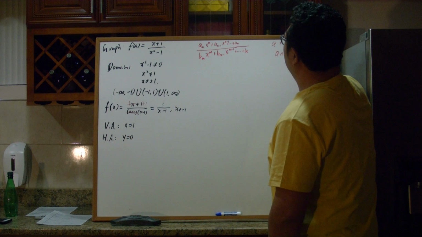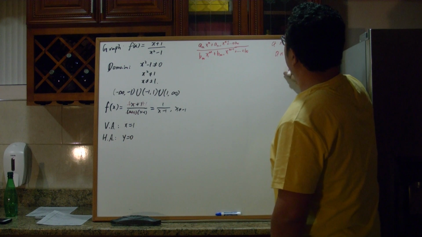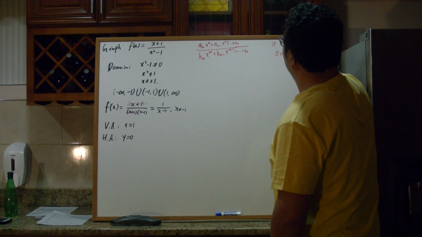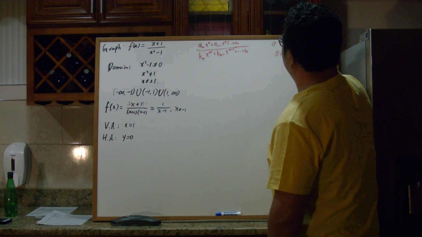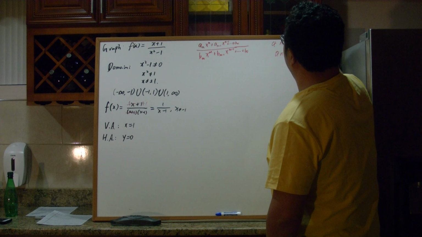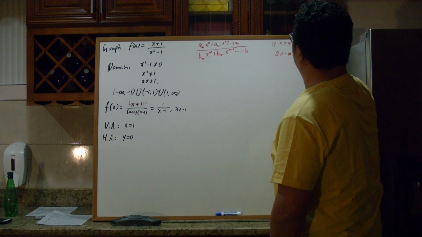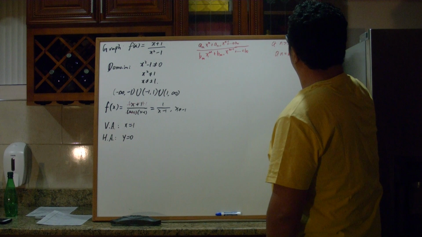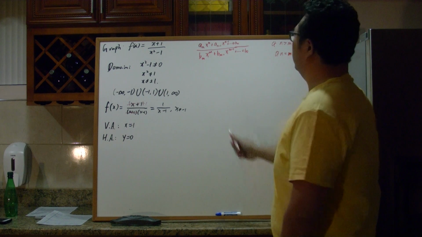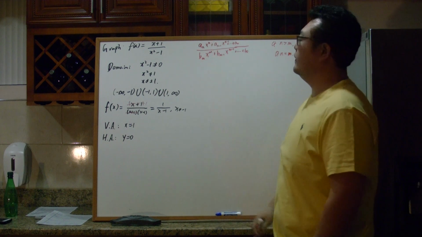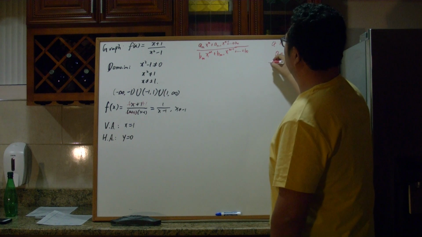If they are equal, the horizontal asymptote will be the ratio of their coefficients, not quotient.